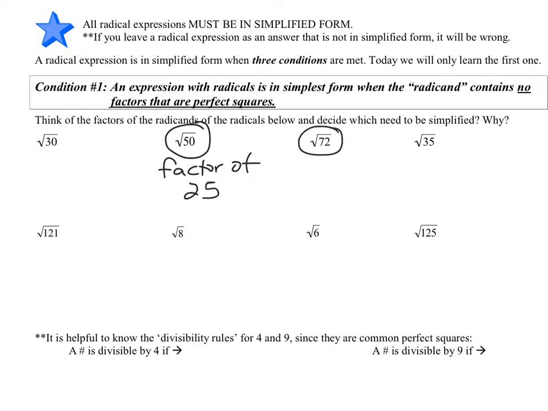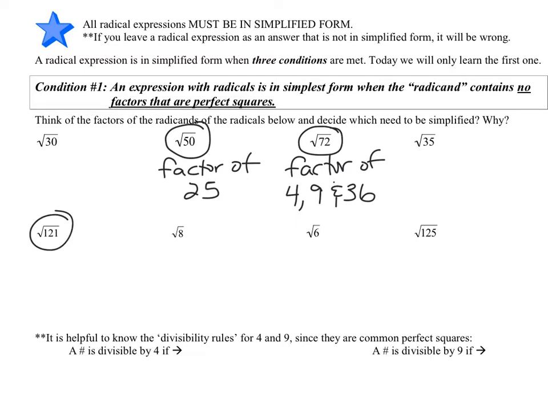72 is not in simplest form because 9, 4, and 36 all go into 72. So factors of 4, 9, and 36 go into 72. All of those are perfect squares. All right, the next row, 121, is a perfect square, right?